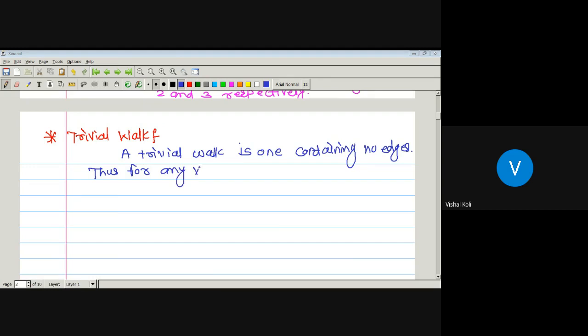Thus for any vertex V, W equal to V gives a trivial walk. And what should be its length? 0. As here there is no edge, its length will be 0.